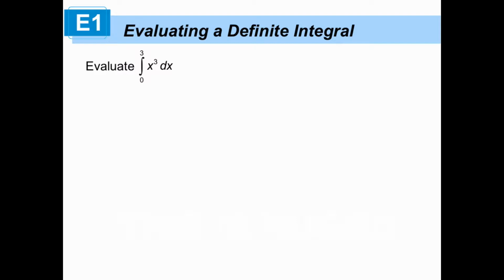Not quite, you got half right. Grant? One-fourth x to the 4th plus C. No plus C. It's a definite integral. One-fourth x to the 4th.